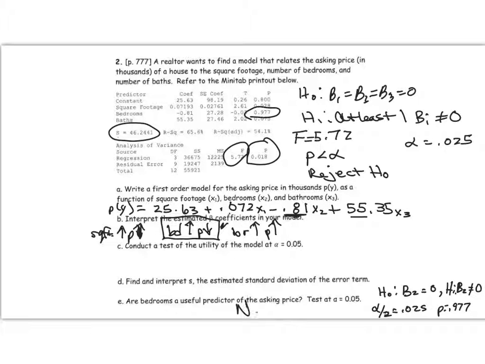So no, we would fail to reject our null hypothesis, and we would eliminate that variable. Not significant. So that's just a small intro into multiple regression.